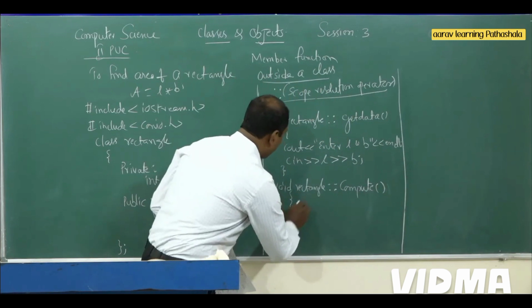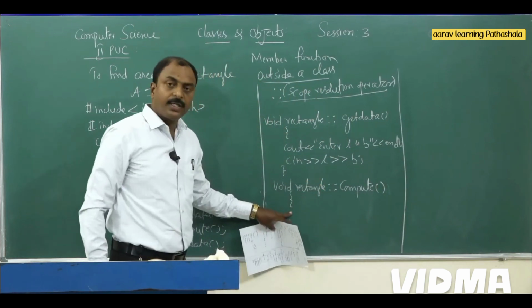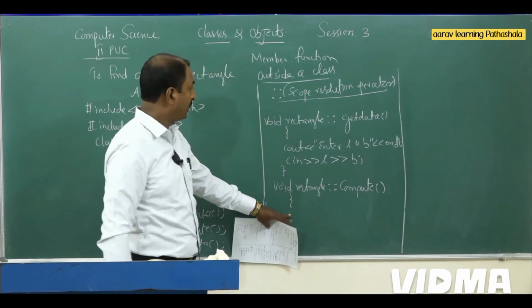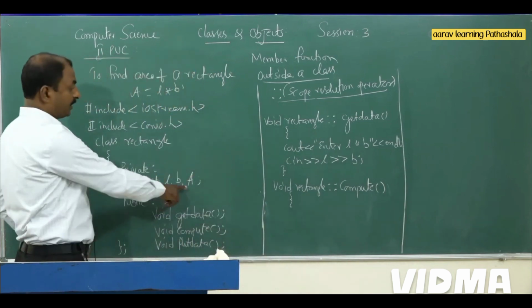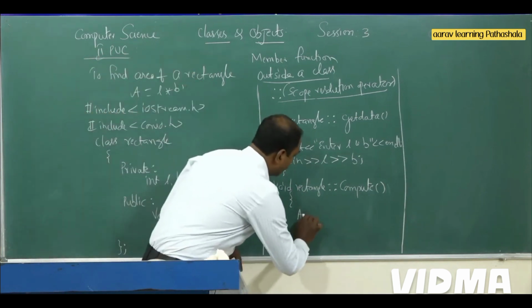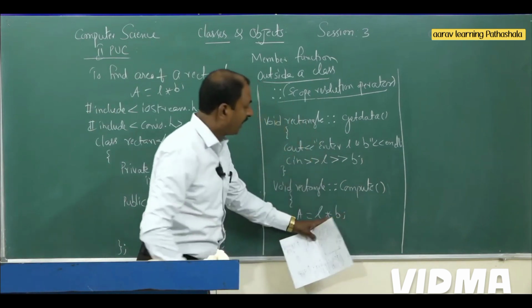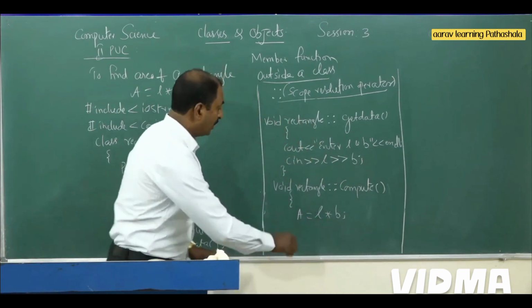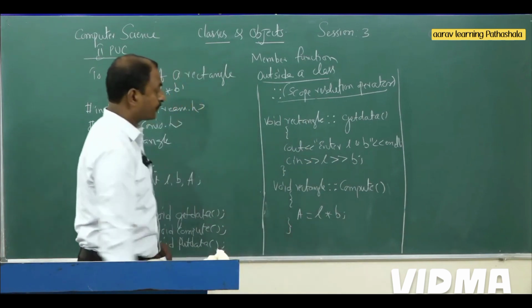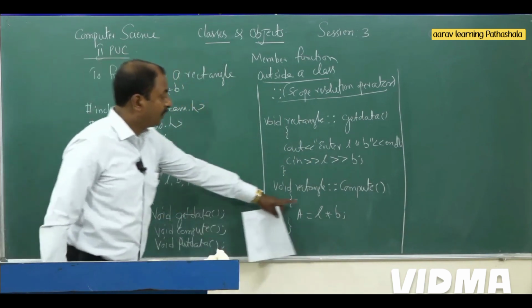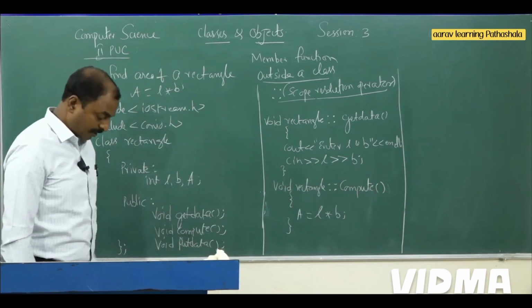Next, the definition, and here we have to write the formula to find the area of a rectangle, that is the variable we declared as A. So A equals, the formula is L star B, the asterisk multiplication symbol. Now I am closing this. This is the function definition of the second function, compute.